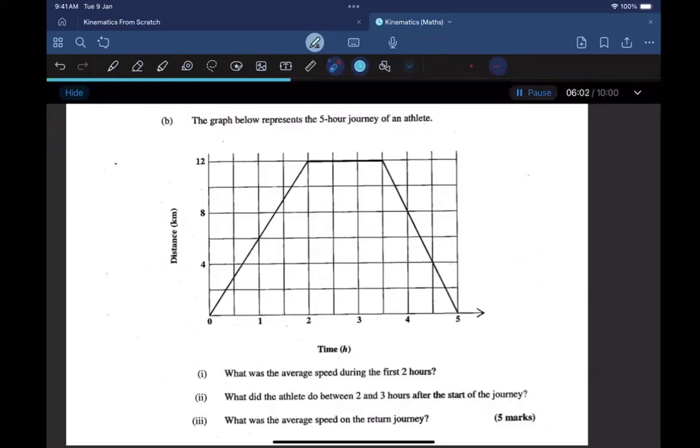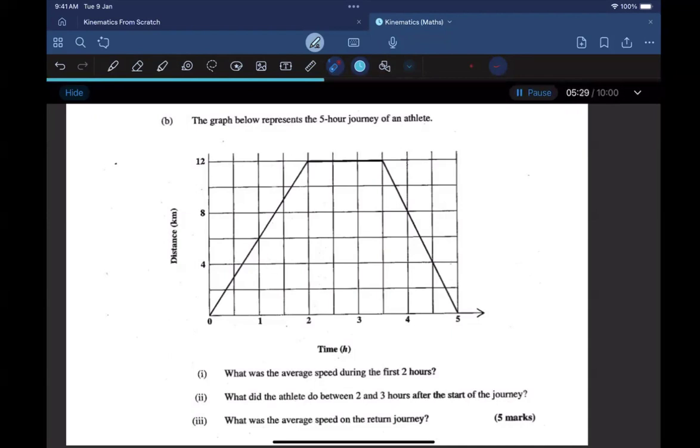Nice. What did the athlete do between 2 and 3 hours after the start of the journey? What do you think the athlete is doing between 2 to 3 hours? Not moving. Could be resting.